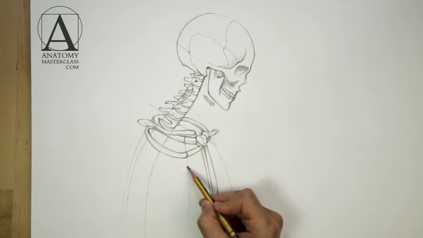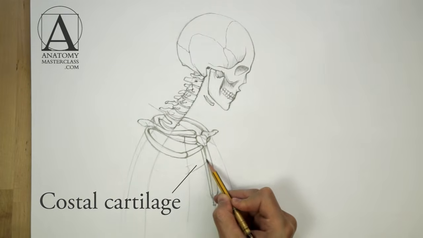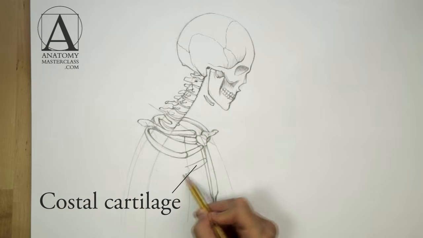The frontal portion of every rib has a softer and more flexible structure. It is called the cartilage.